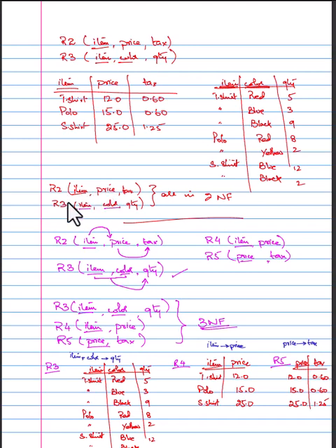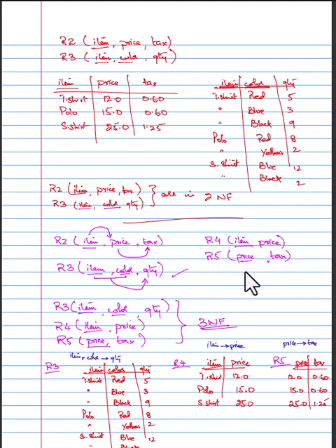So R2 will be replaced with two more relations. This means R2 will be replaced with R4 and R5. The first relation will contain item and price, and the second relation, which is R5, contains price and tax. Tax depends on price, which depends on item.